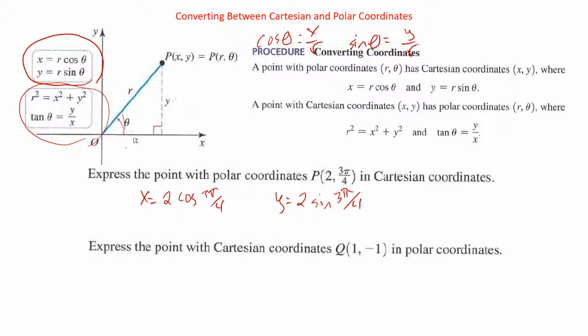Cosine, however, is going to be negative. So x would equal negative 2 times root 2 over 2, which is just negative root 2. And y would equal positive 2 times root 2 over 2, so root 2. So the point in polar, 2 comma 3 pi over 4, in Cartesian would be negative root 2 comma root 2.